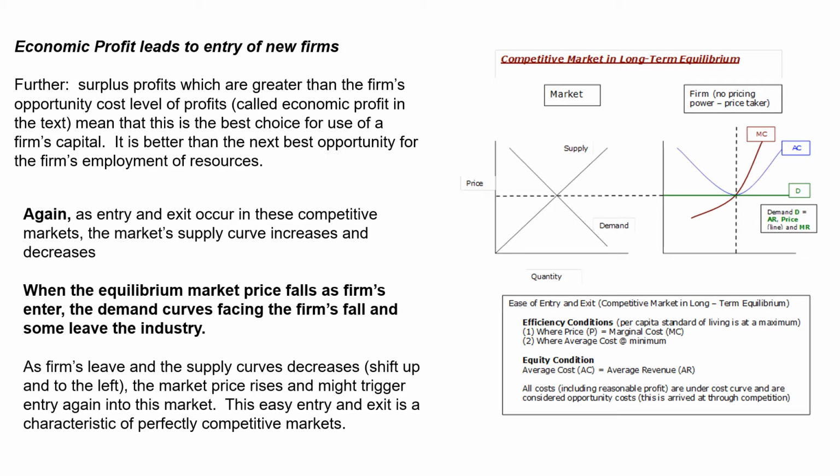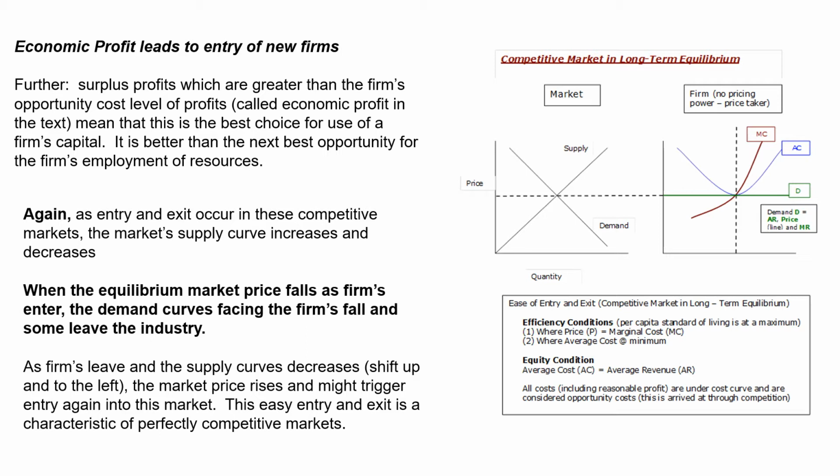So the takeaway from this is that while firms cannot dictate prices, the entry and exit of firms, which is very, very easy, causes the price to have a tendency to go up or down. So if firms leave, that decreases the supply, which causes the price to go up, which causes more firms to enter.